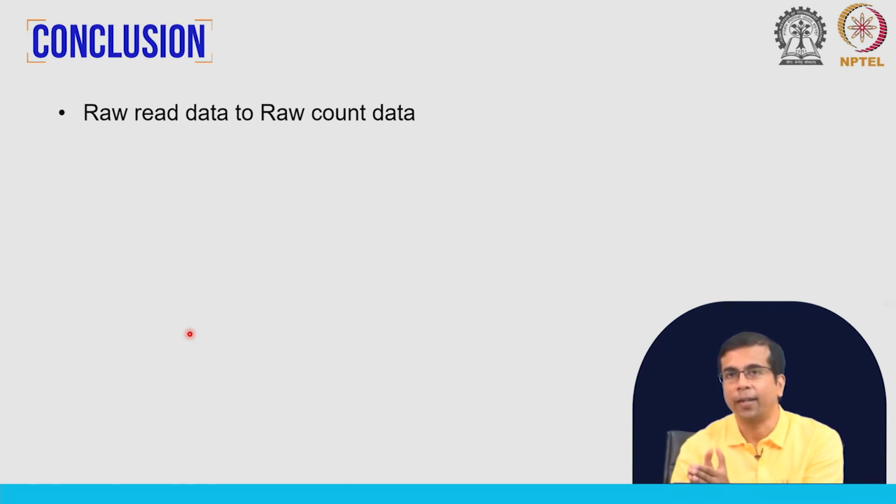That is the idea: we want to measure the expression level of genes from the read data that we have got. We have proceeded a bit, and now we want to go from the raw count data to the actual expression levels of these genes. So we need to account for a lot of biases along the way.